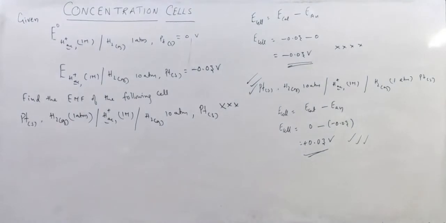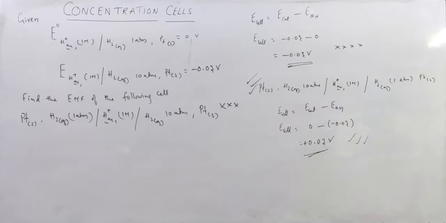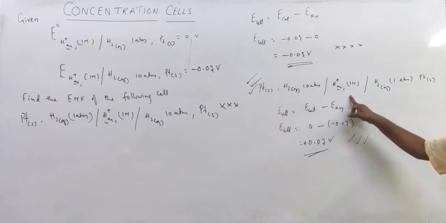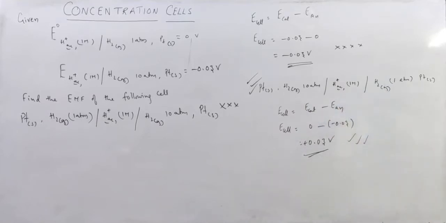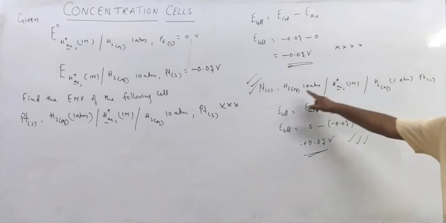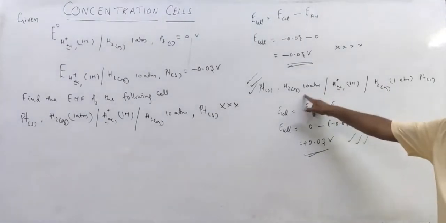So in this particular example, the concentration of electrolyte is the same. Electrode concentration is different. The active mass of the electrode is different.